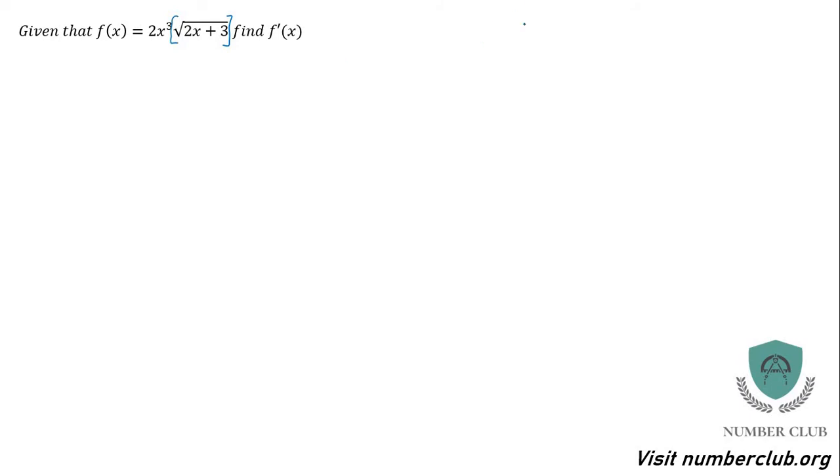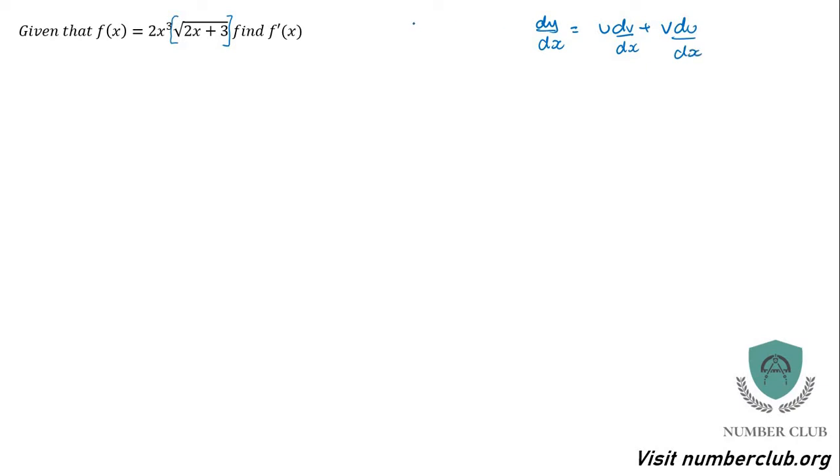Now, the product rule: if you have dy by dx, it will be equal to u dv by dx plus v du by dx.